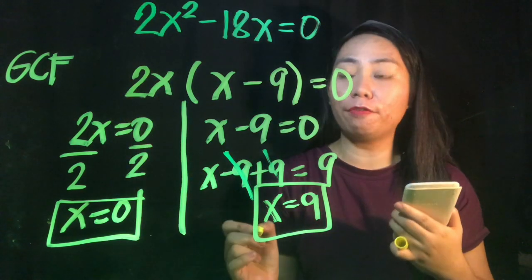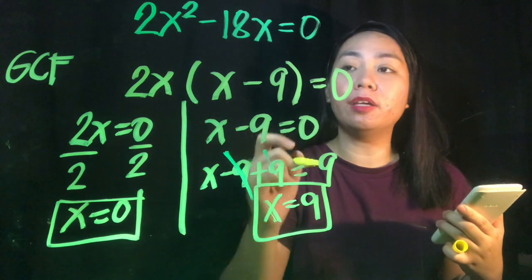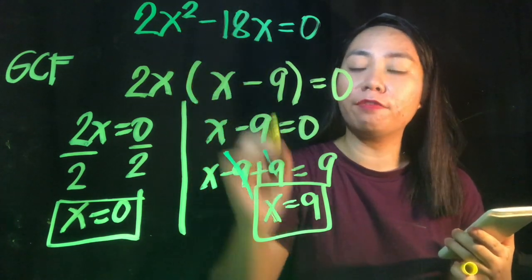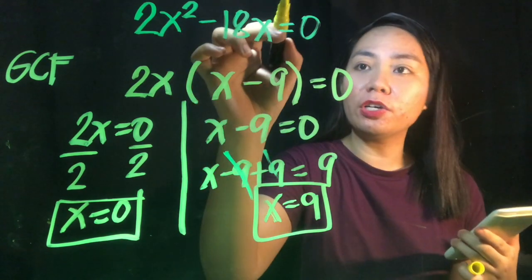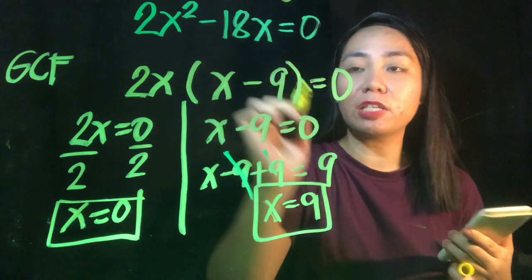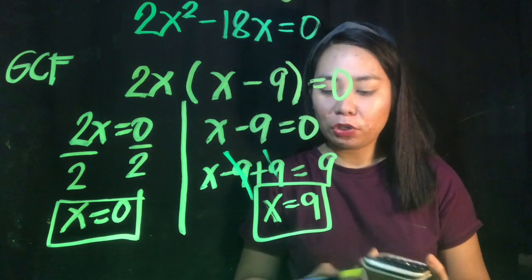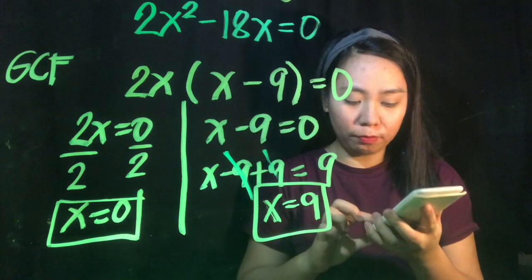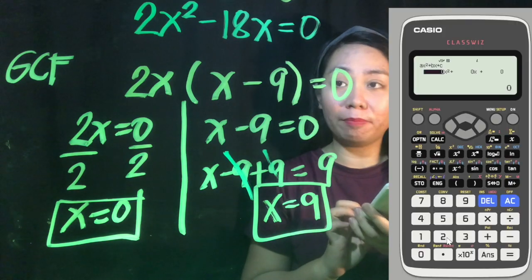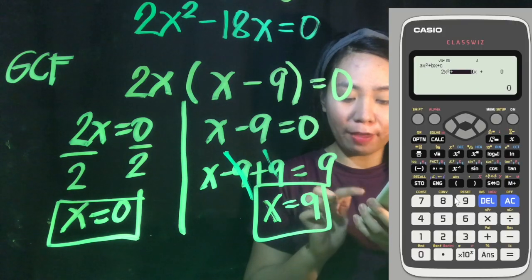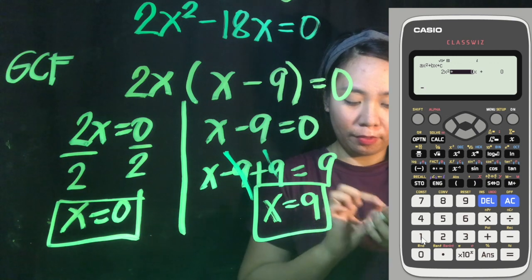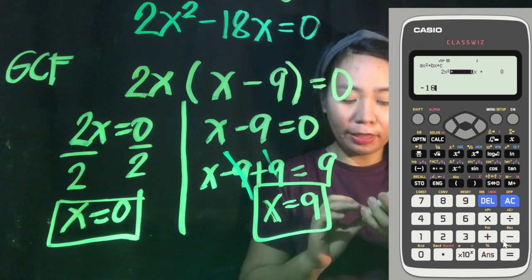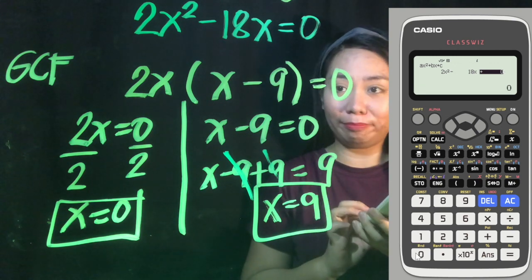The numerical coefficient beside x squared. Your B is the numerical coefficient beside x, and your C is your constant. So, in this case, wala tayong constant. So, just type 2, then press equals, then negative 18, then press equals, and then 0, press equals.